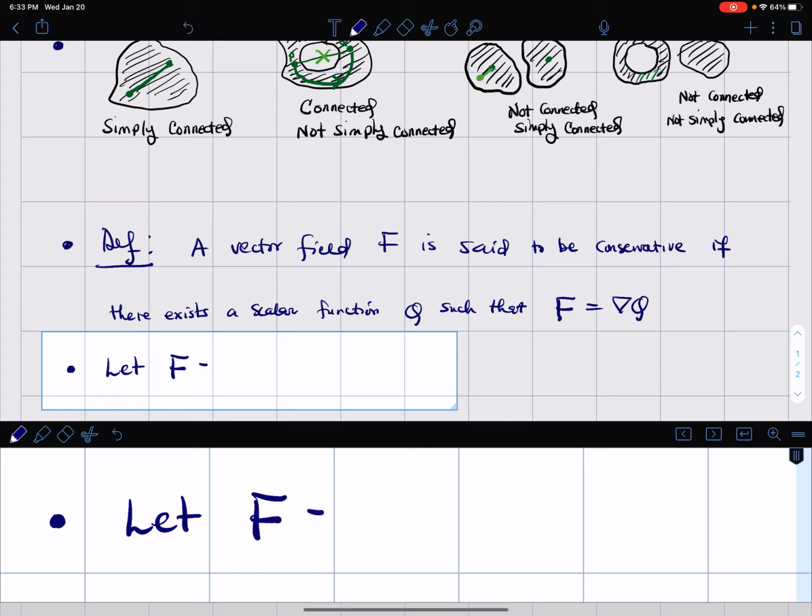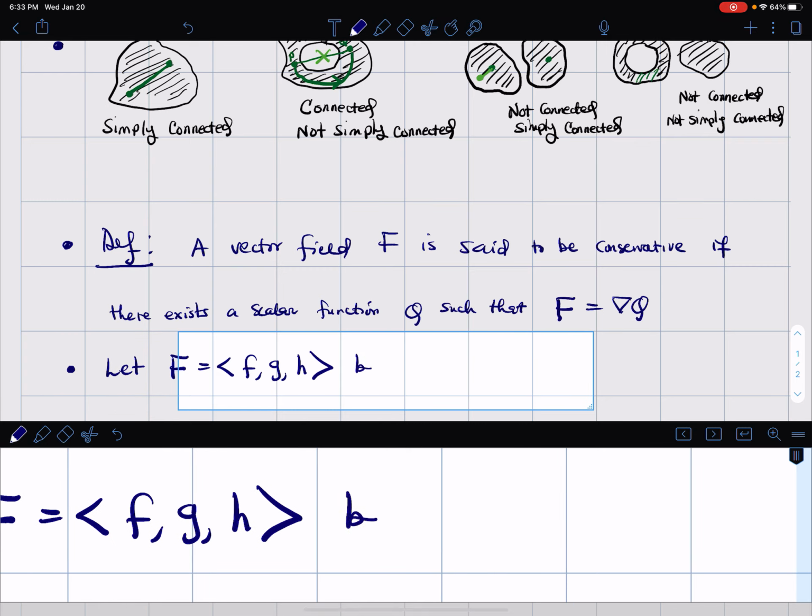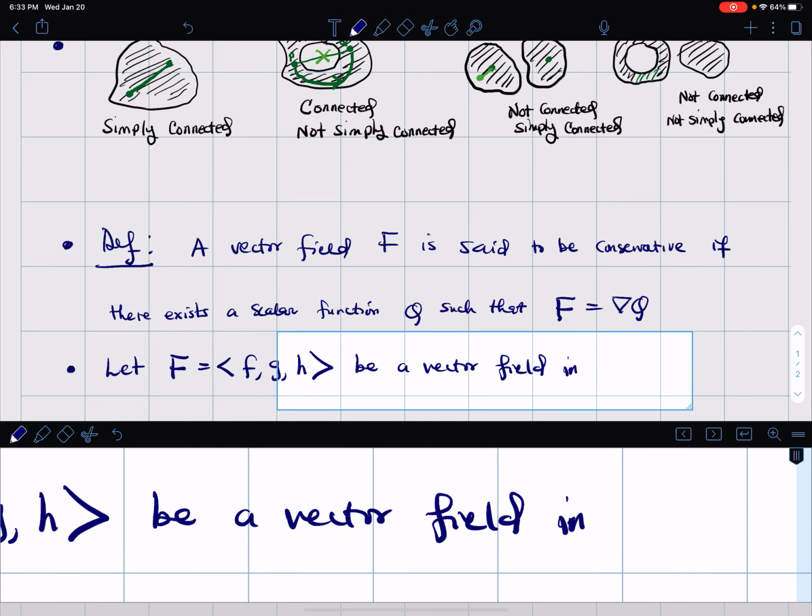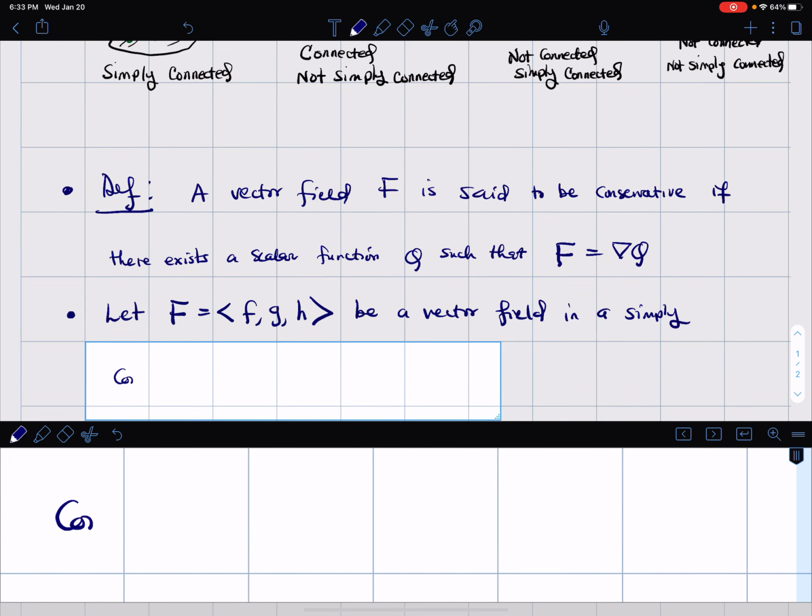Let F be the vector field F, G, H, a vector field in a simply connected region in R3. Now we know what a simply connected region means.